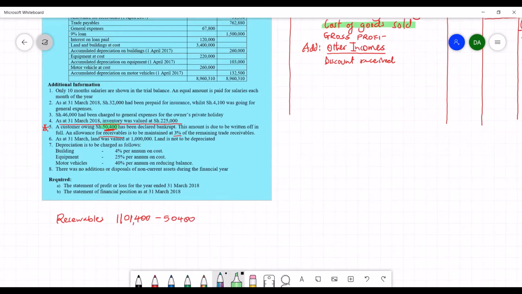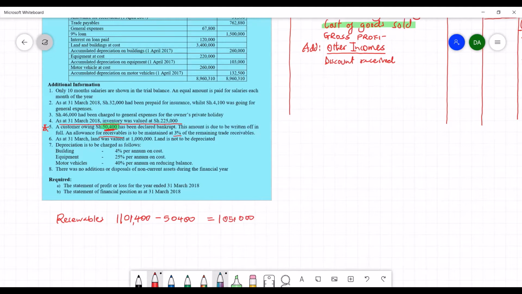This is to be written off, so we write that off, and we're going to remain with 1,051,000. That is what is remaining.